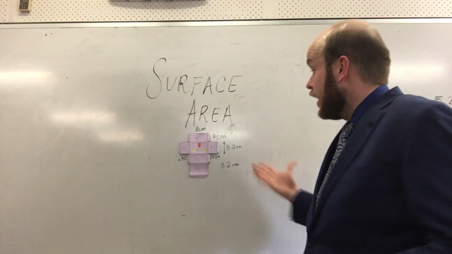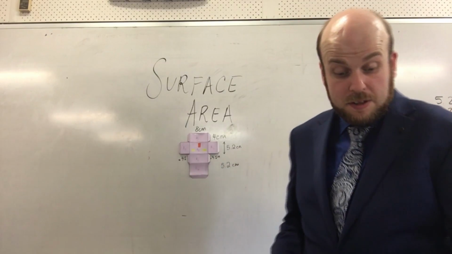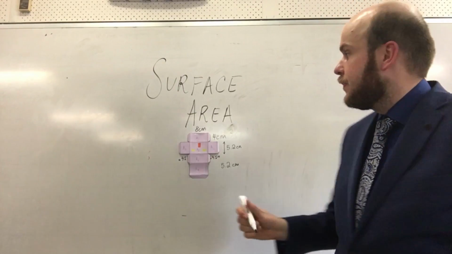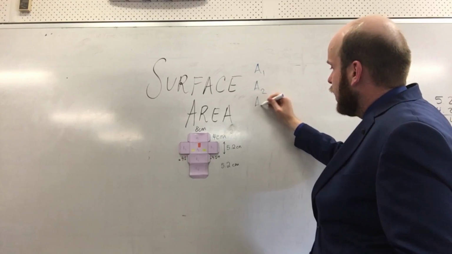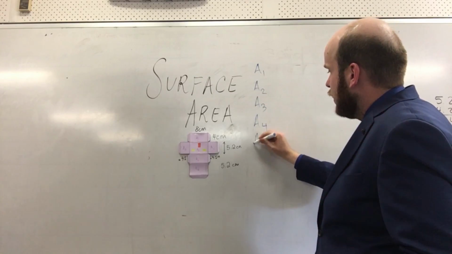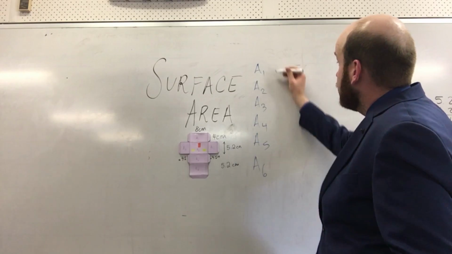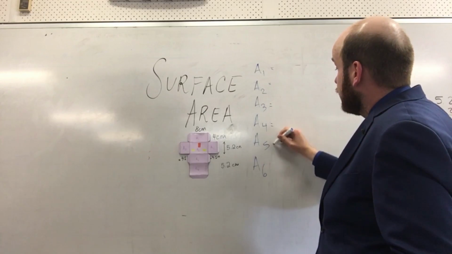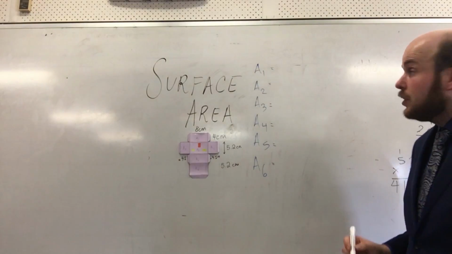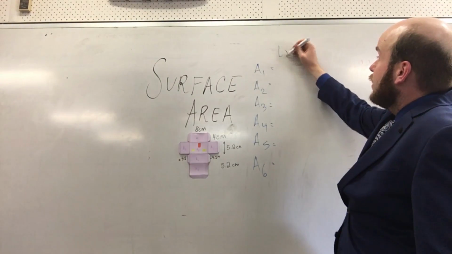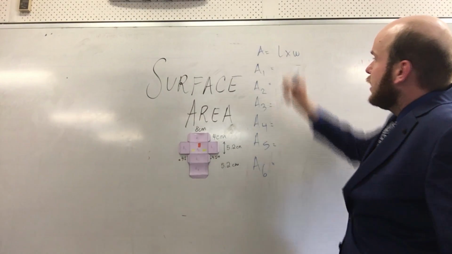Once you've measured everything out, what would be ideal now is to find the areas of each of the things. So I'm going to write A1, A2, A3, A4, A5, A6. I'm going to find all the areas of each of these. I know that they're all length times width, so area is equal to length times width.